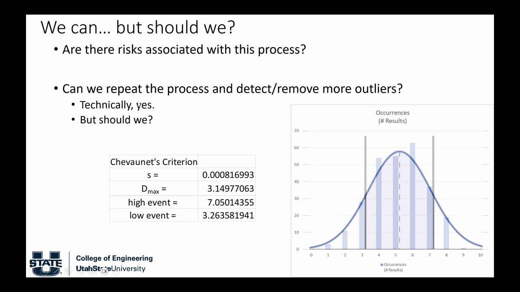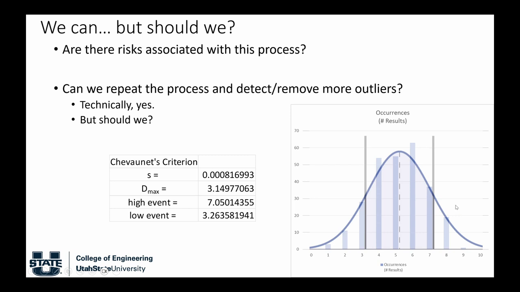But this is a very important question. Are there risks associated with this process? Absolutely. Should we repeat the process to detect and remove outliers? We can. We could definitely repeat it, but should we? If we repeat it, and say we remove these and now we have a new distribution, and then we run Chauvenet's again, are there risks?